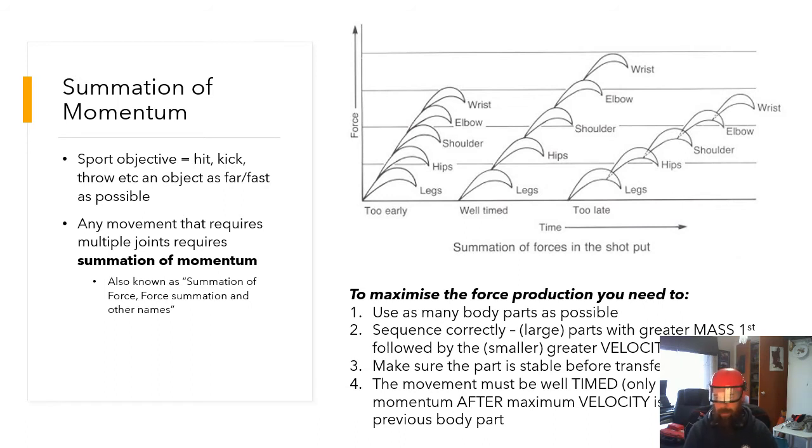And then finally, it's all got to be timed to perfection. So transferring the momentum after the maximum velocity of that body part has been reached, not too long after and not too soon before.